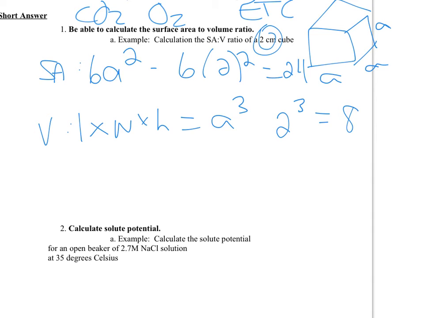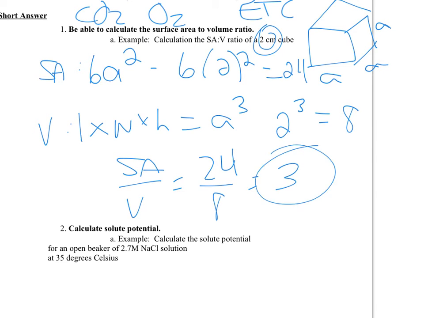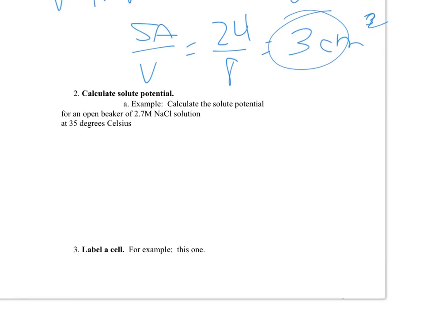So this is like a surface area over volume. So you're going to put 24 over 8, which is 3. So your answer is going to be 3. And that would be centimeters cubed, or squared, sorry. And that is how to do surface area to volume. Let's move on to solute potential.